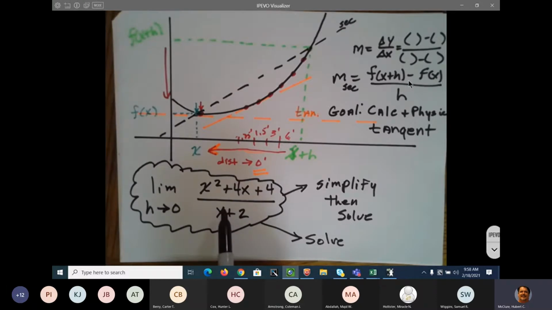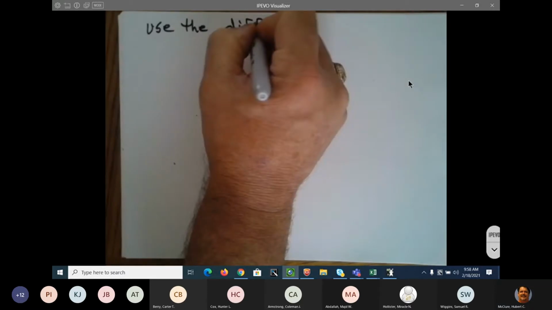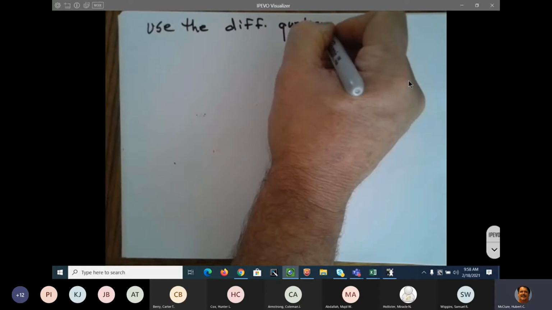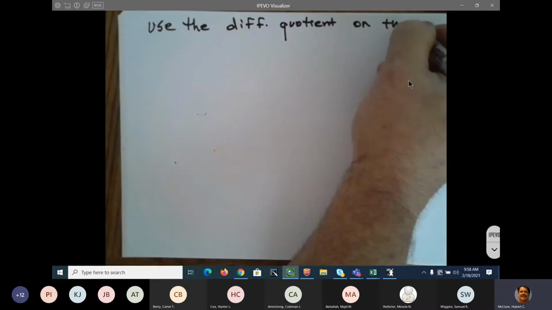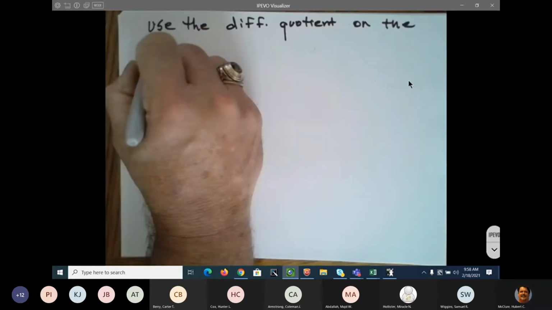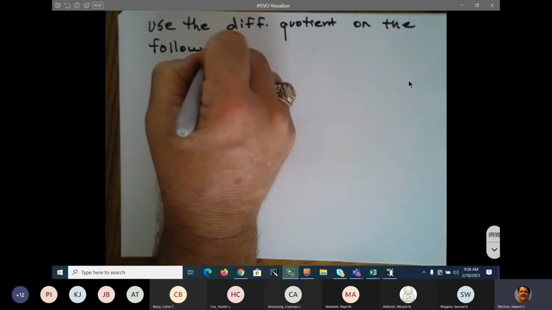Now, with the difference quotient, let's move on. I'll show you how the limit applies to the difference quotient. Let's say that I give you a function, and this is going to be real simple. I want y'all to use the difference quotient on the following function.